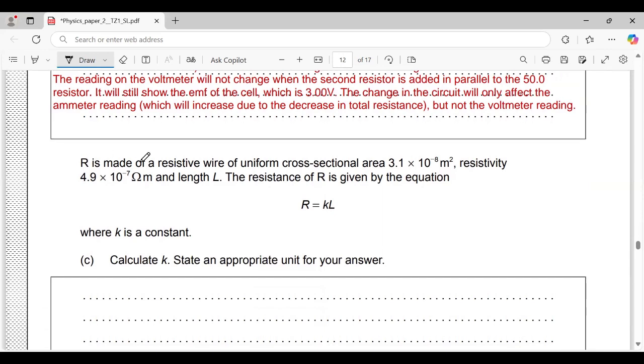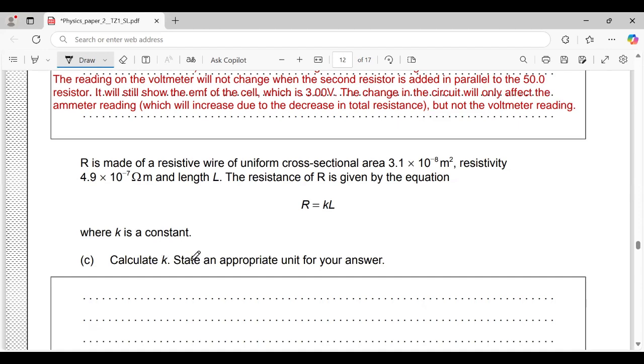R is made of a resistive wire of uniform cross-sectional area 3.1 times 10 to the power minus 8 meter squared, resistivity 4.9 times 10 to the power minus 7 ohm meter, and length L. The resistance of R is given by the equation R equals KL, where K is a constant.